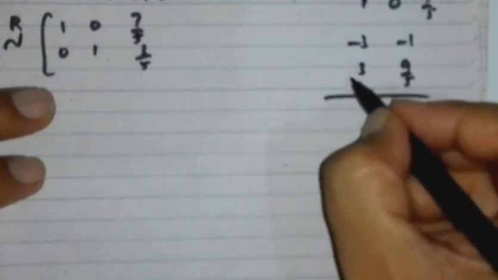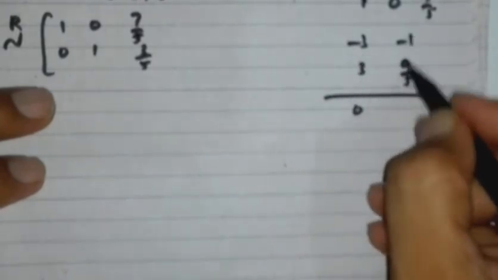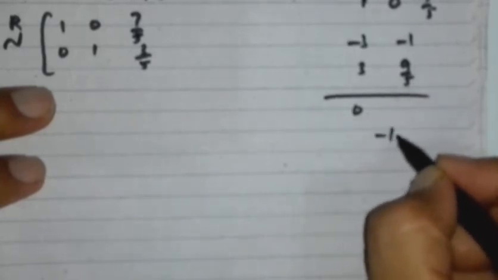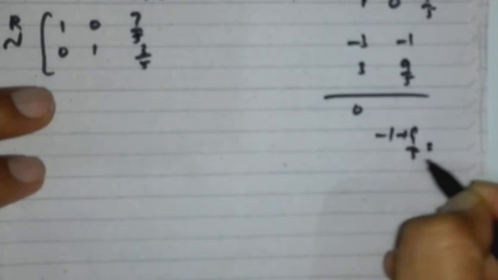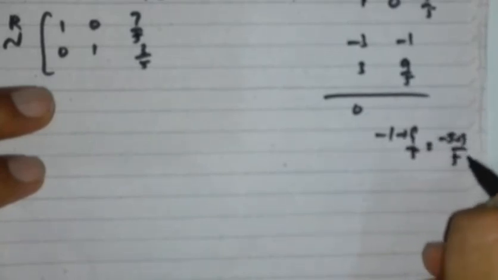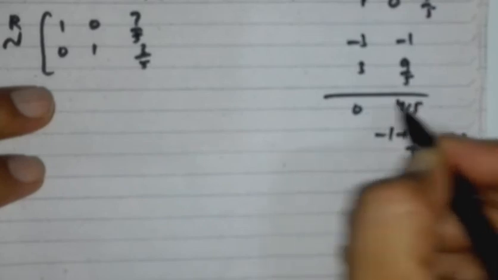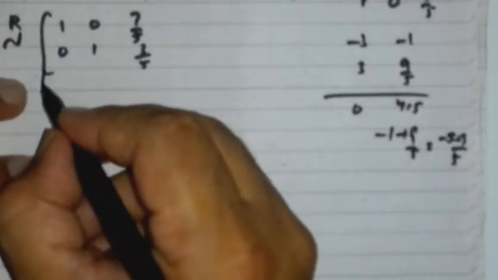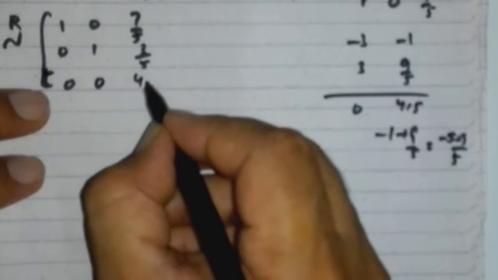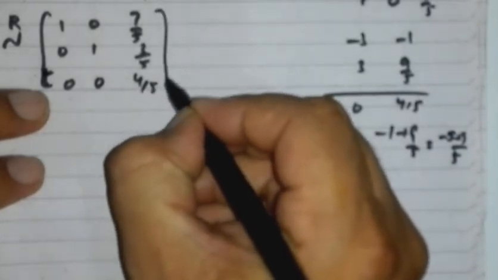Now add these two, here we get 0. Minus 1 plus 9 over 5. So look here, minus 1 plus 9 over 5, take the LCM, 5 ones are minus 5 plus 9 over 5, we get 4 over 5. So we can write it as 0, here 0, and here we get 4 over 5.